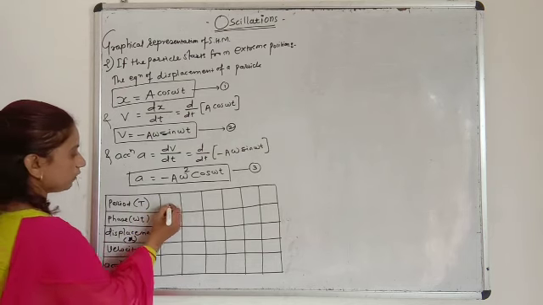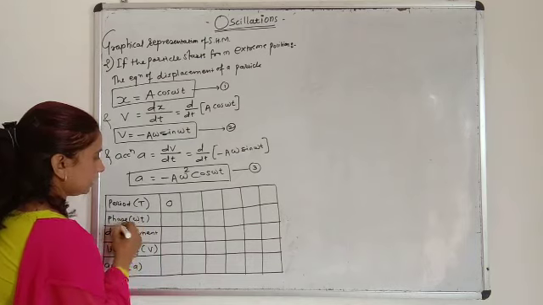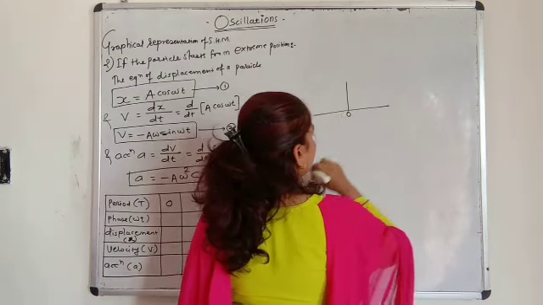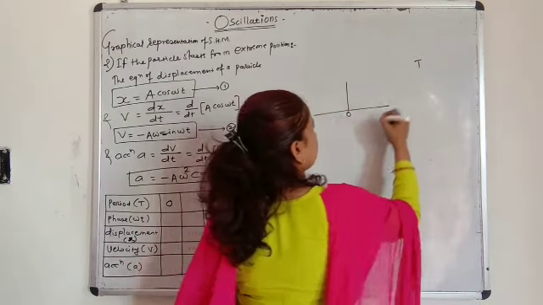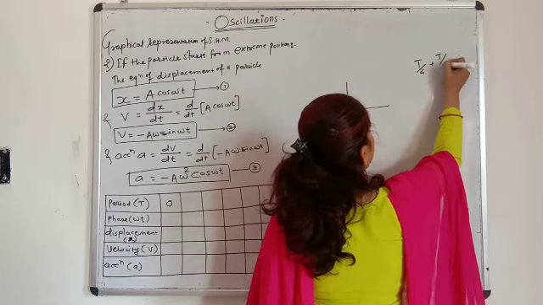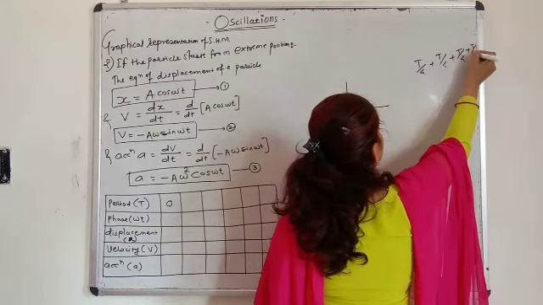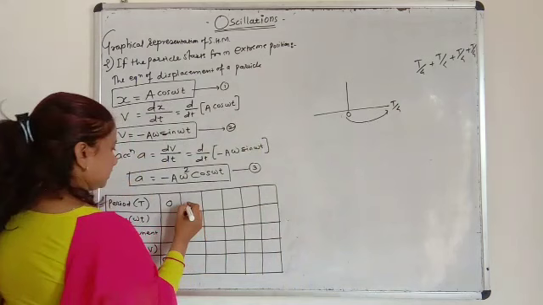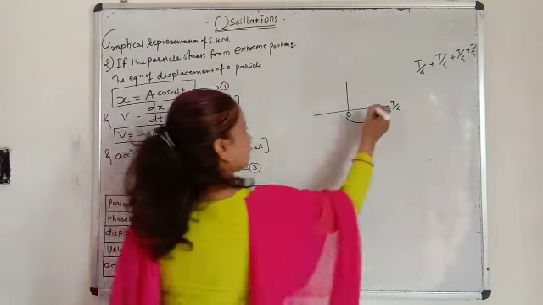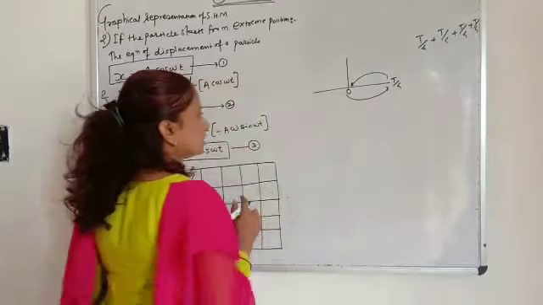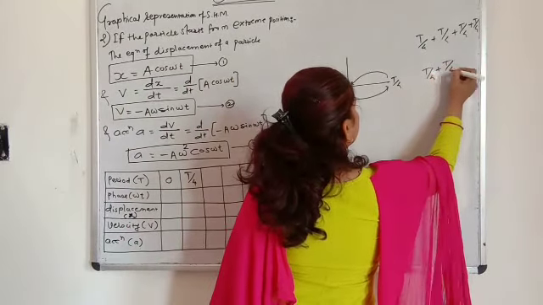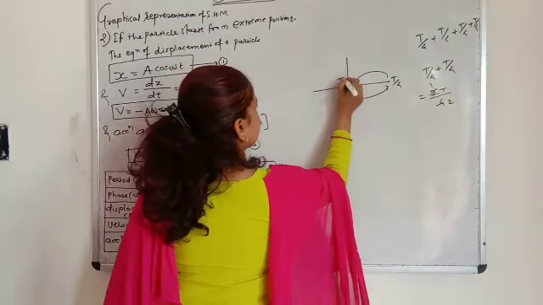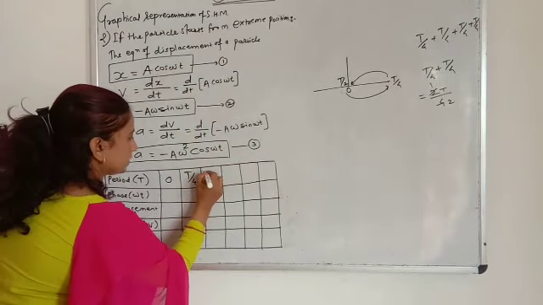Okay, so first periodic time is 0. We know that time T is divided into 4 parts: T by 4 plus T by 4 plus T by 4 plus T by 4. When the particle is moving from this position to this position, this is T by 4. Then again the particle moves from this position to this position, T by 4 plus T by 4, so this is T by 2. So here we put the time T by 2.